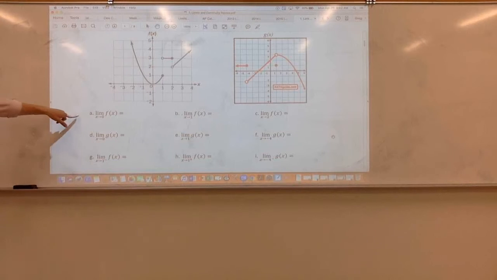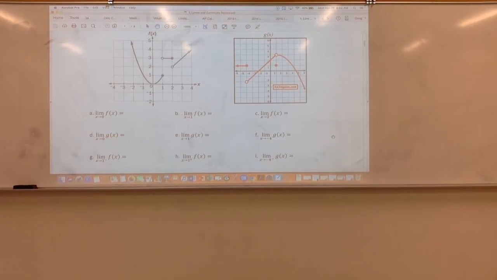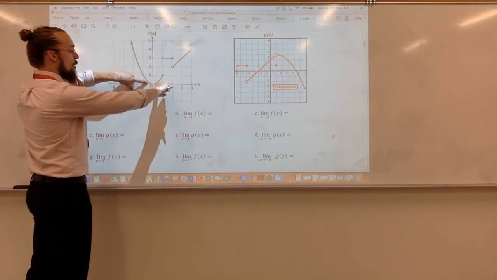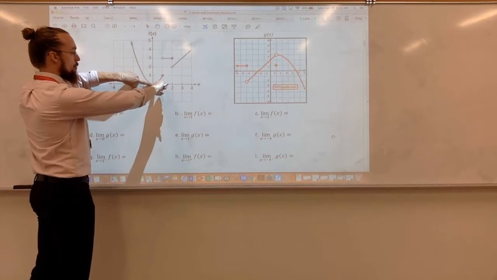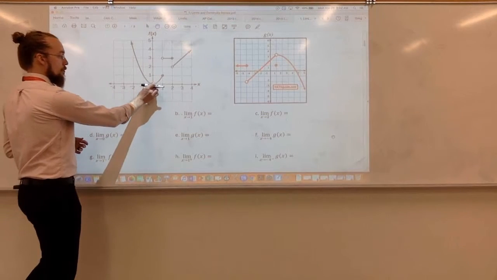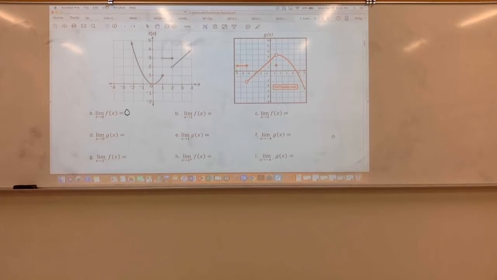The first one says the limit as x approaches 0 of f of x. That's saying, if I look at the graph, am I approaching the same value from both sides as I get closer and closer to an x value of 0? Well, yes, I am. And I'm getting closer and closer to a y value of 0. How about b?